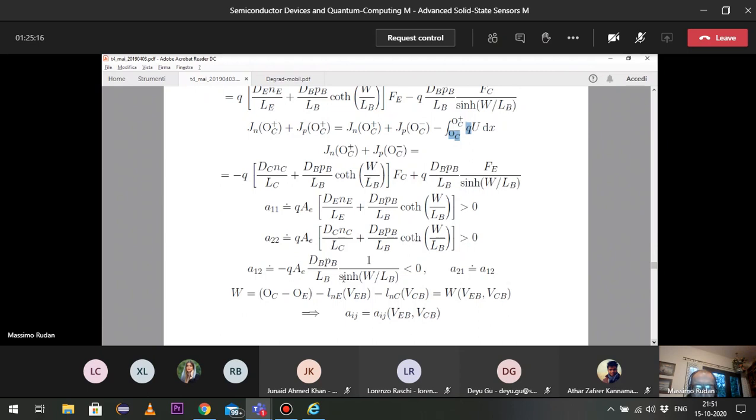So the hyperbolic sine of a small argument is practically equal to the argument itself. So that means that the hyperbolic sine of W over LB is just like W over LB. And LB cancels the other LB, okay? So we are left with dB PB over W.